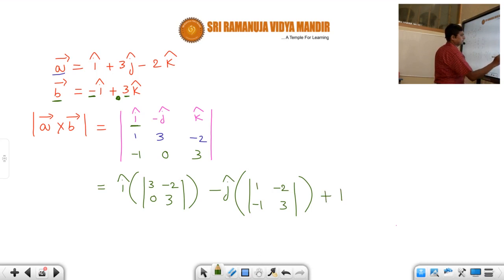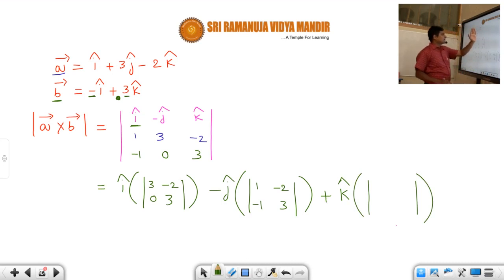Plus K cap into, again we eliminate the column and row that consist of K cap. The remaining elements will be 1, 3, minus 1, 0. Now we can easily calculate the determinants of these 2 by 2 matrices.